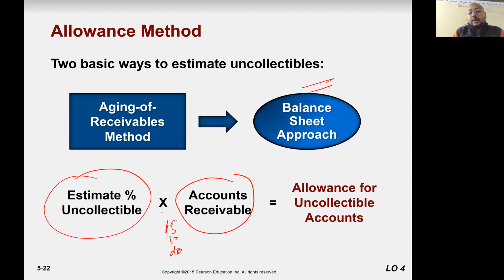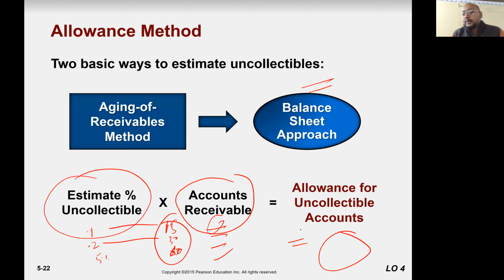The chances of being not collectible in 15 days are 0.1%, then 0.2%, and for 60 days it is 5%. You multiply the amount and add it up, that would be the allowance method.